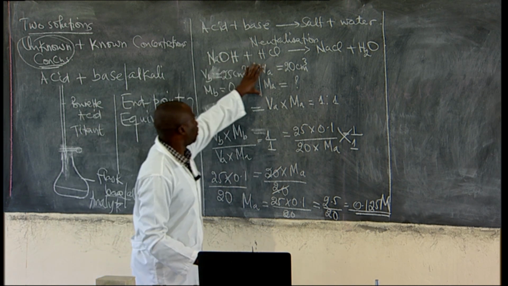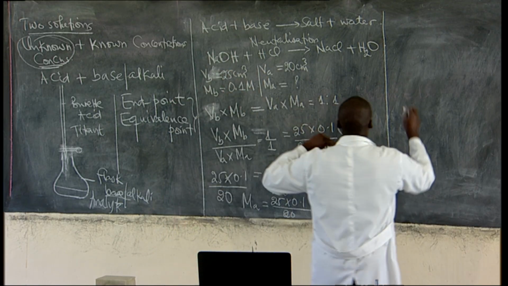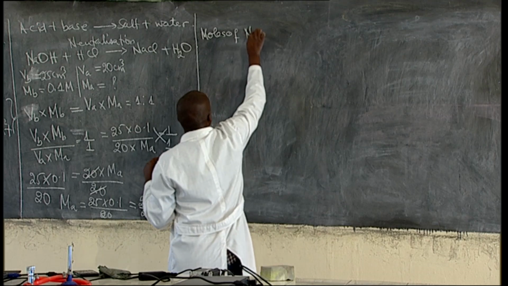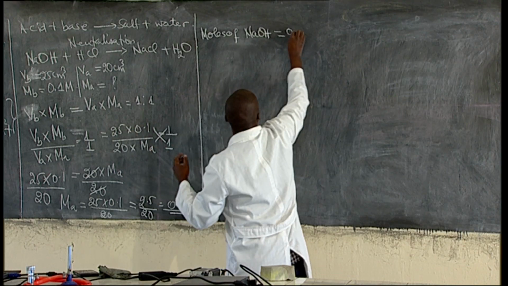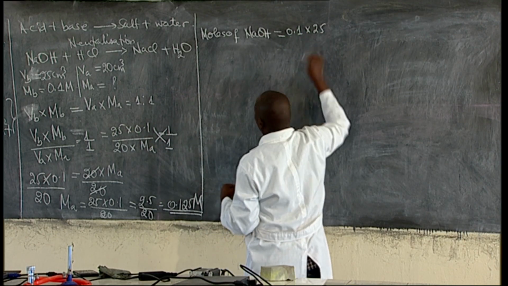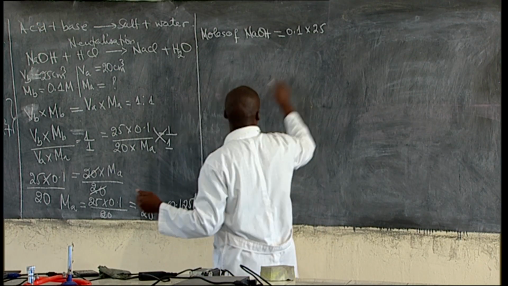You can determine the number of moles. So you say moles of sodium hydroxide will be equal to molarity, that is 0.1, times 25. Remember, the volume has to be in liters.